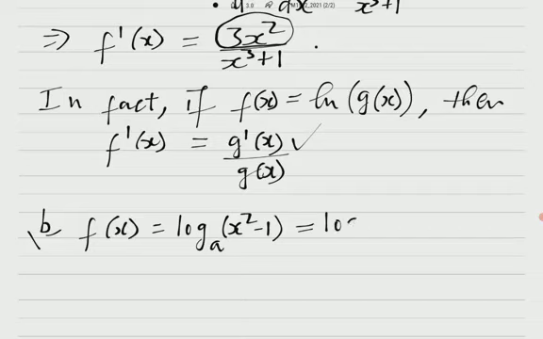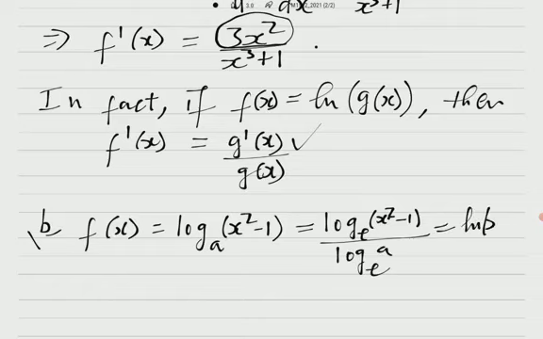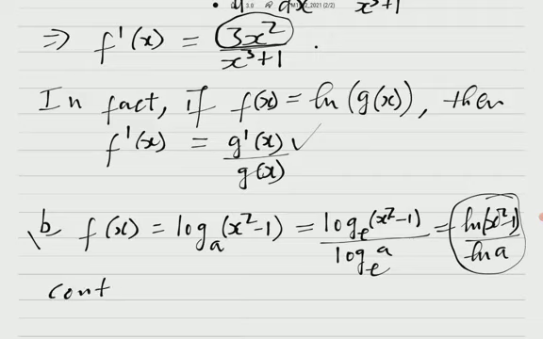So you can have log base e of x squared minus 1 divided by log base e of a, and then definitely you know that this is nothing but ln of x squared minus 1 divided by ln of a. You are back to where we were in number a. Then continue as we did in number a.